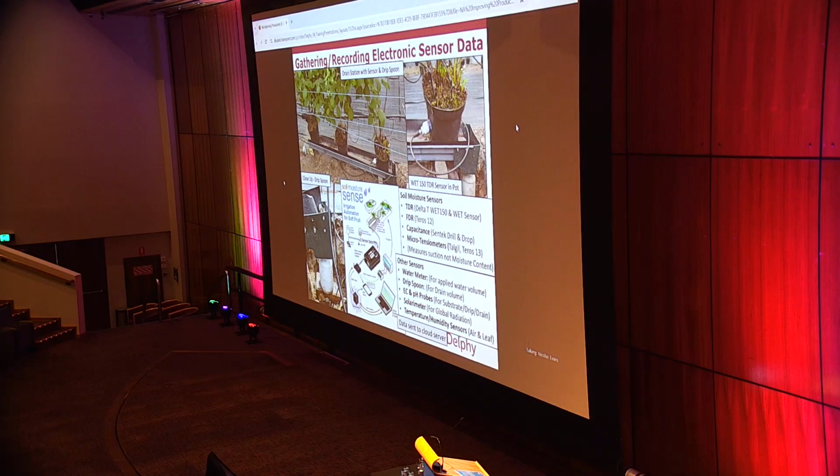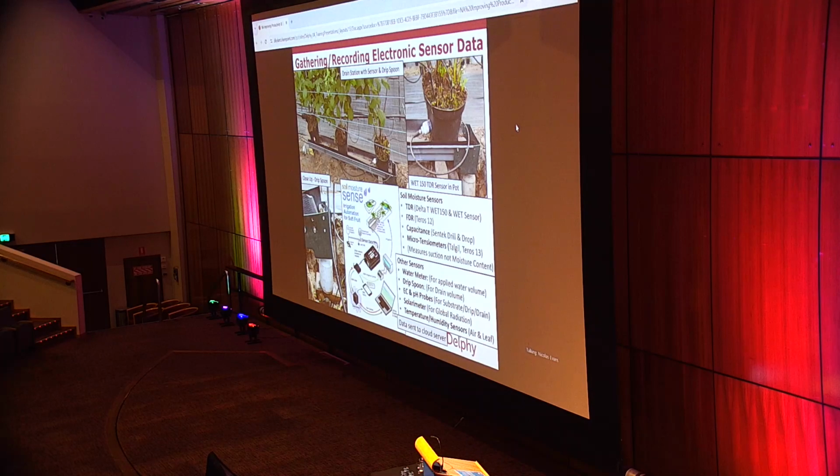And we measure suction, not moisture content, which arguably is a better measure of the plant's experience, because it gives us an impression of how hard the plant has to work to take up that water. And other sensors in this station would be a water meter to measure the water being applied, a drip spoon measuring the volume coming out of the station, EC and pH probes, EC in the substrate, and pH and EC in the drip and drain.